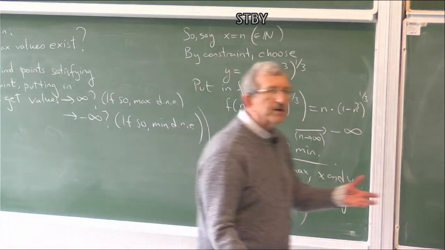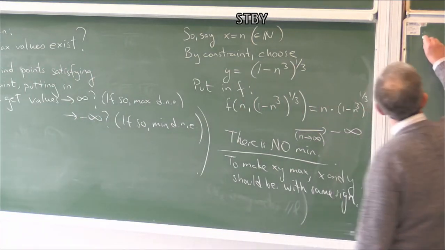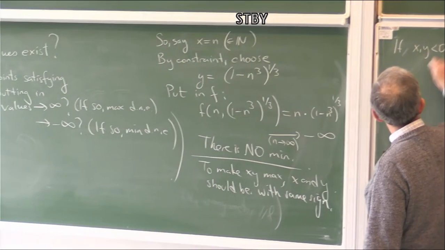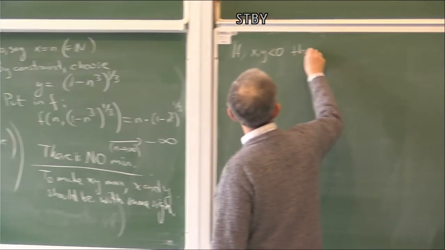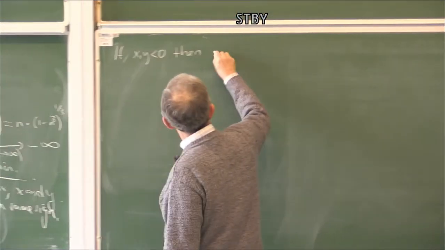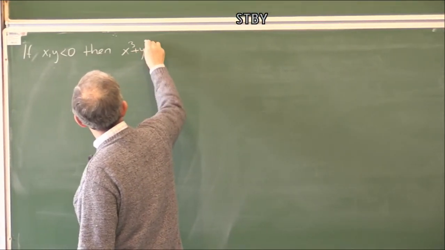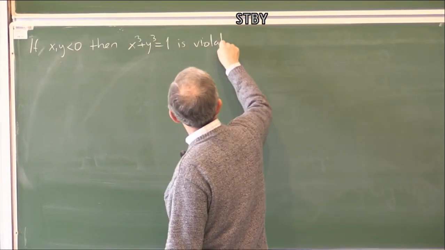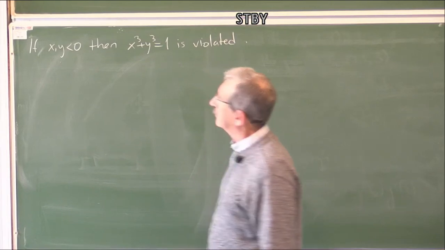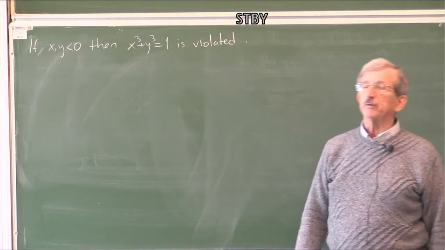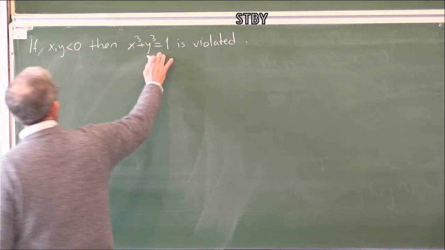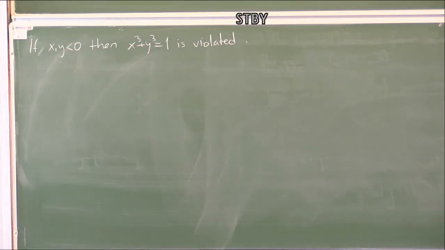Well, this can happen in two ways. Namely, if x and y are negative, same sign, then of course x cubed plus y cubed equal to 1 is violated.